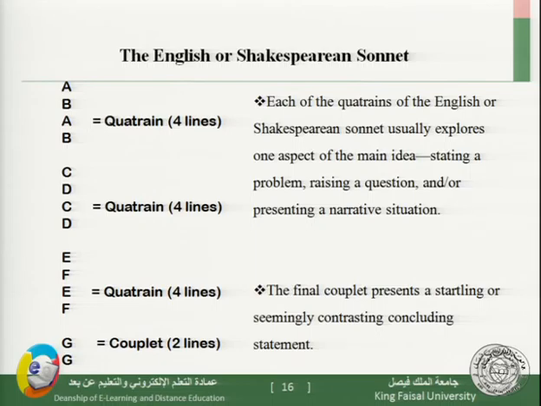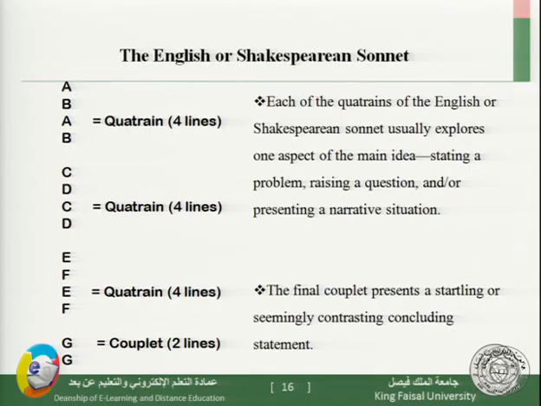Each group of 4 lines is called a quatrain, which simply means 4 lines. So we have 3 quatrains and 1 couplet. A couplet means it has 2 lines. That means 14 lines all in all.